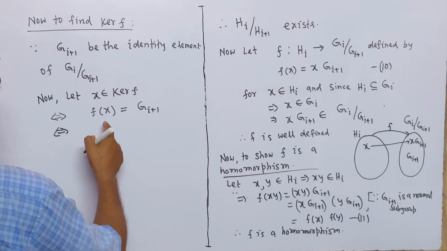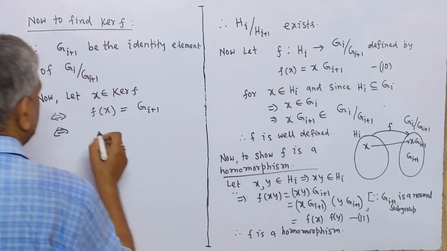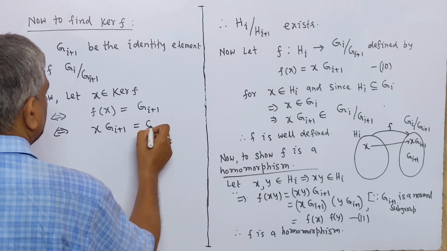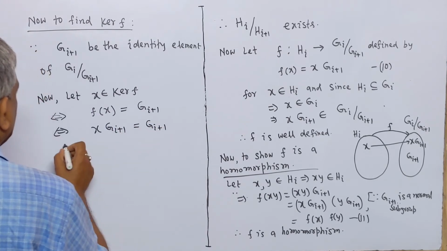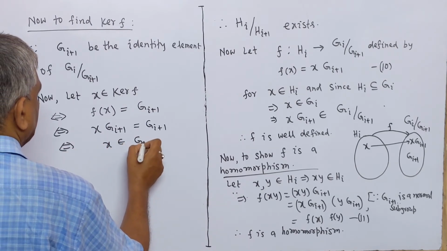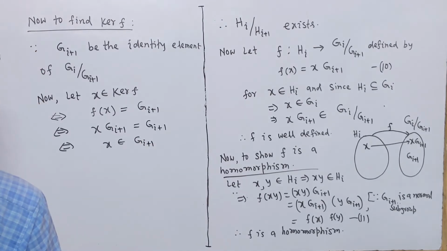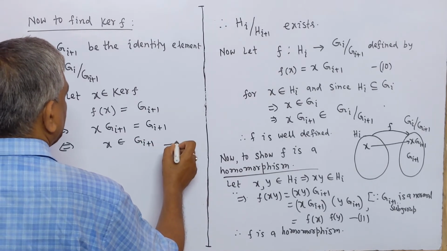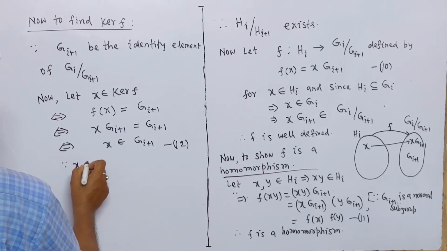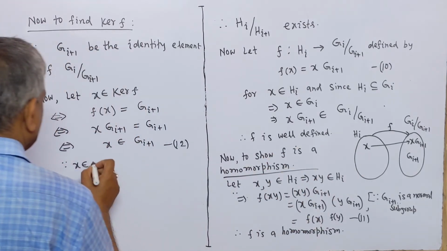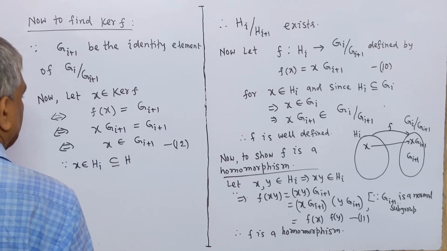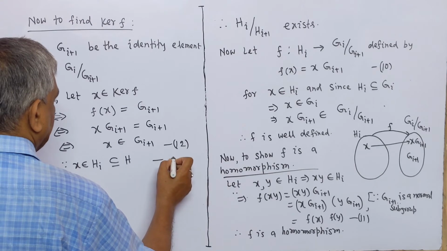Double implication, since f(x) equal to x Gi plus 1, x Gi plus 1 equal to Gi plus 1, double implication, x belongs to Gi plus 1. Let this be number 12. Since x belongs to Hi and Hi is a subset of H, this is number 13.